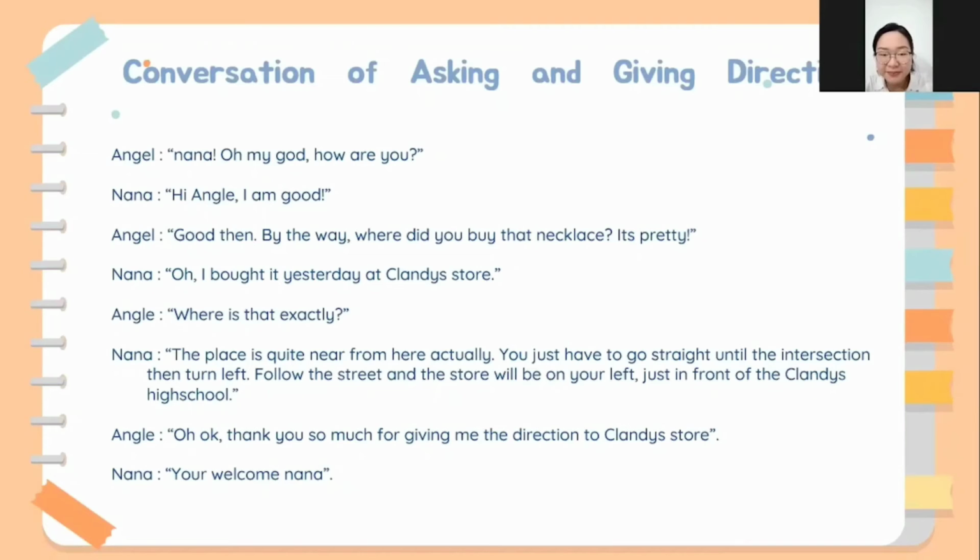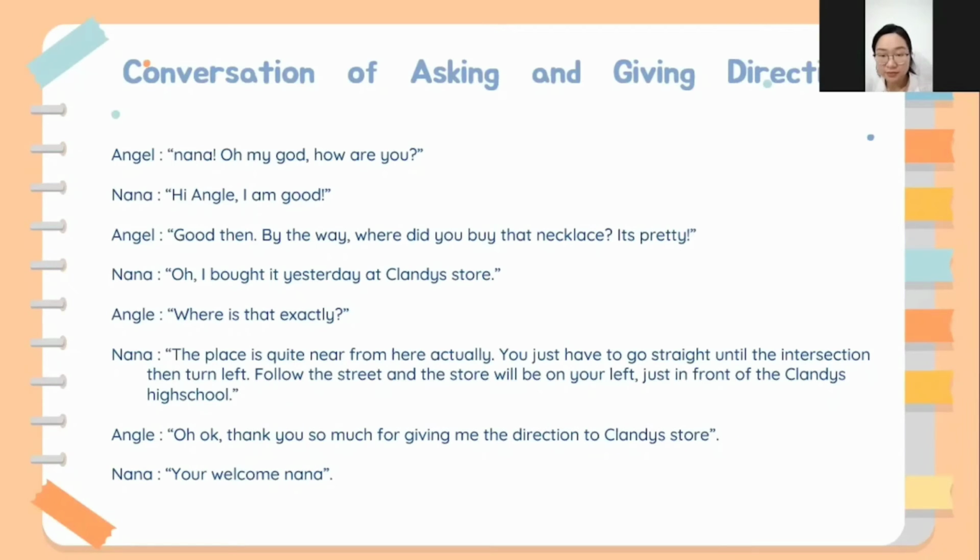Okay. So, Nana, oh my God, how are you? Hi, Angel. I'm good. By the way, where did you buy the necklace? It's pretty. Oh, I bought it yesterday at Candy's store. Where is that exactly? The place is quite near from here actually.